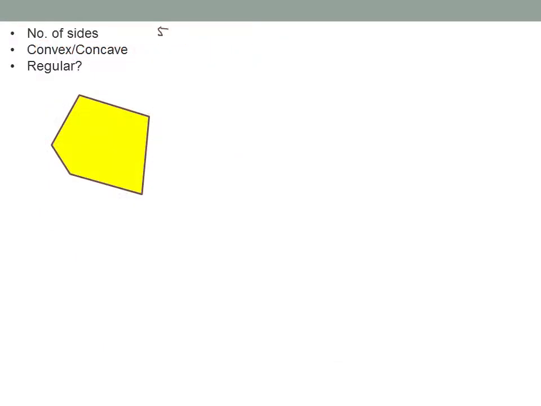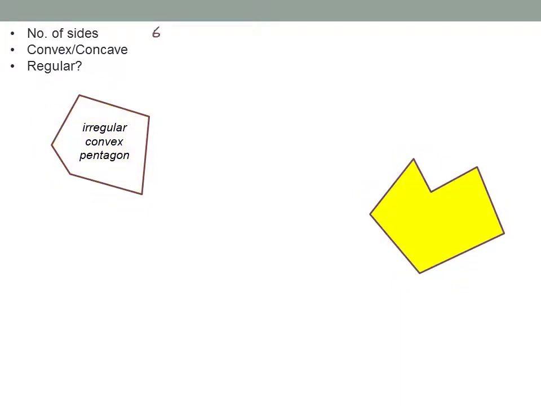This polygon has 5 sides. It's convex because there are no vertices pointing into the inside of the shape, and the side lengths and angles are not all the same. That makes it an irregular convex pentagon. This one has 6 sides, and it's also irregular.